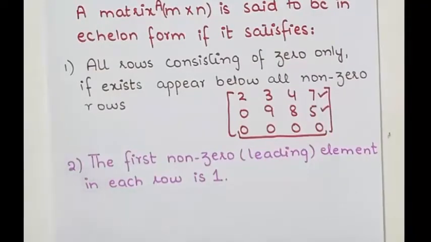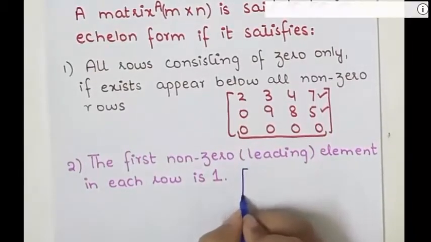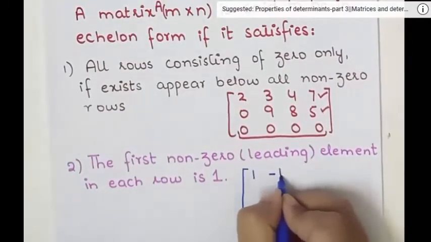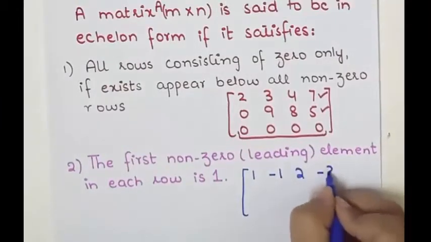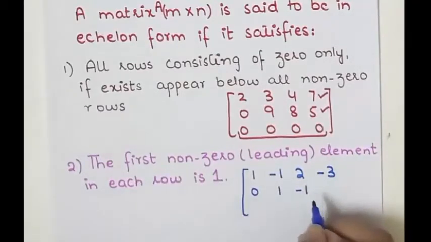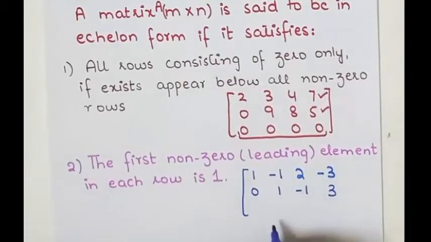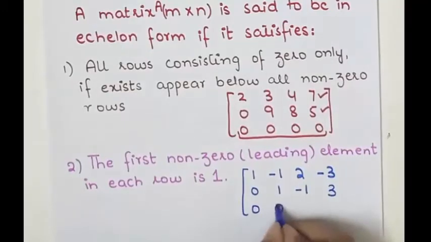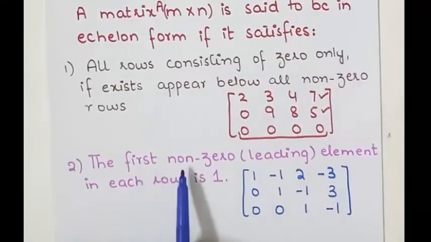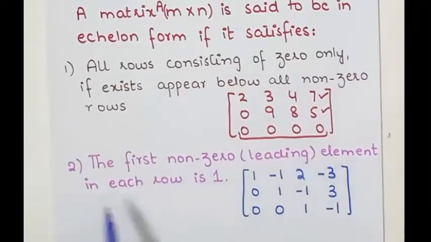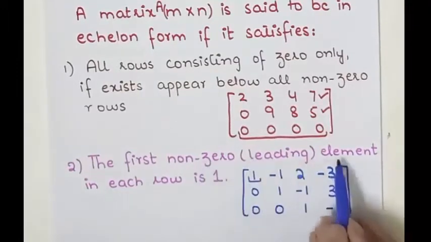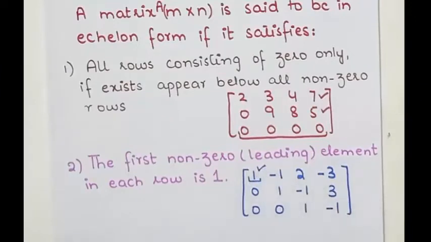It means if we have a matrix and it has the entries 1, -1, 2, -3, then we have 0, 1, -1, 3, and we suppose we have 0, 0, 1 and -1. So it says the first non-zero leading element in each row is 1. This is the first non-zero and leading element and its value is 1.